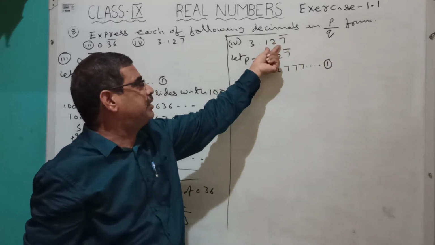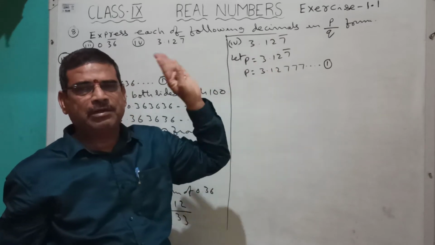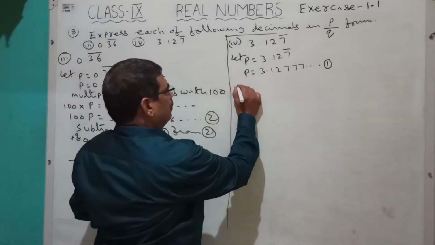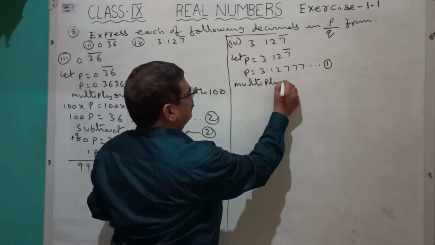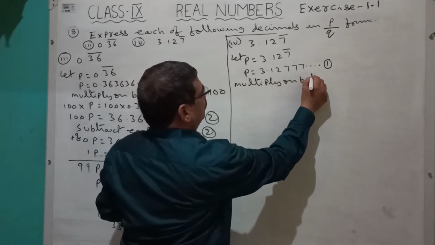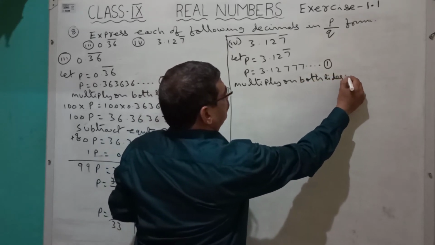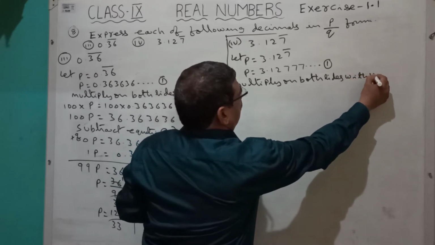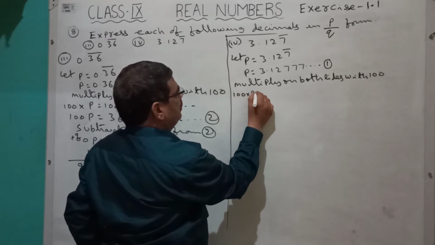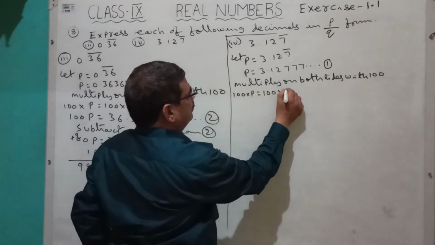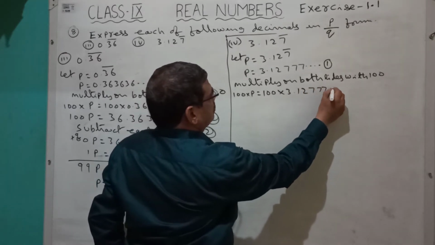So multiply on both sides with 100. 100 into P is equal to 100 into 3.12777, and so on.